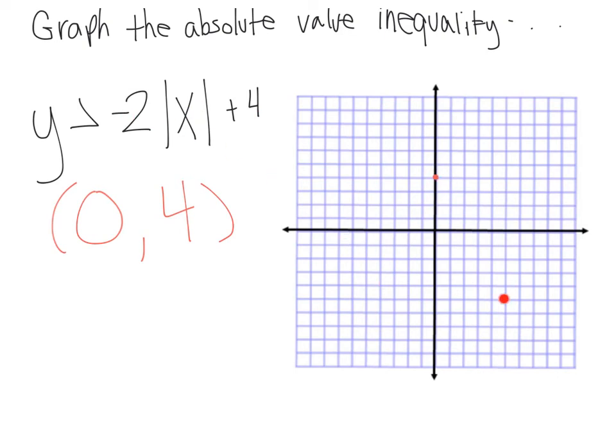So this is going to be an upside down V. And then the compression or stretch is a 2. So I am going to use this as my slope, and I'm just going to put it over 1. So this is my rise over my run. So I'm going to go down 2 to the right 1, starting from my vertex. Down 2 to the right 1, I'll plot a point. Down 2 to the right 1, and so on. And I'll continue plotting my points.